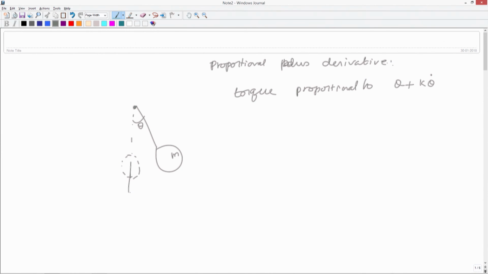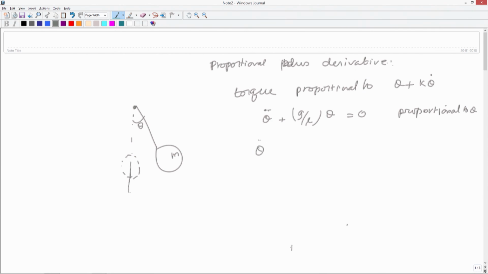You know our simple pendulum equation is theta double dot plus g by L into theta is equal to 0, that is without the proportional term, whereas here we have a restoring torque proportional to theta alone.